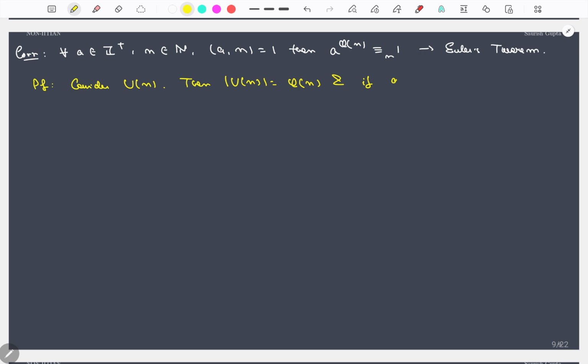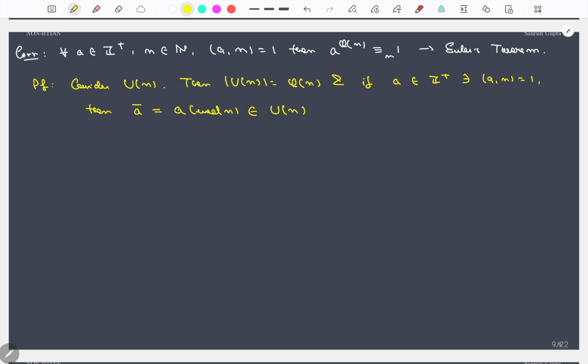If a is in Z plus such that the GCD of a and n is 1, then obviously the residue class of a, a mod n, is inside U of n.